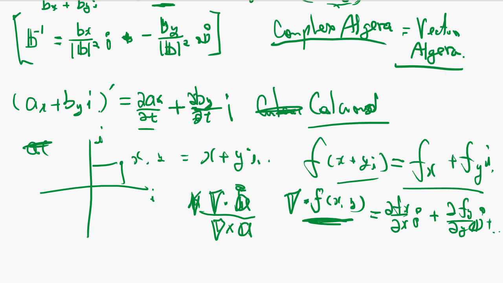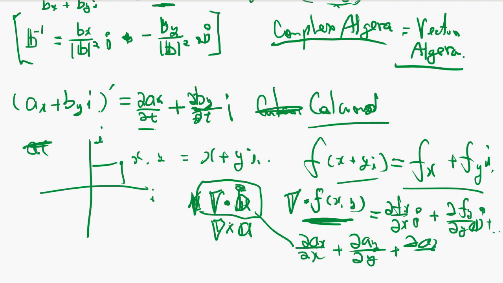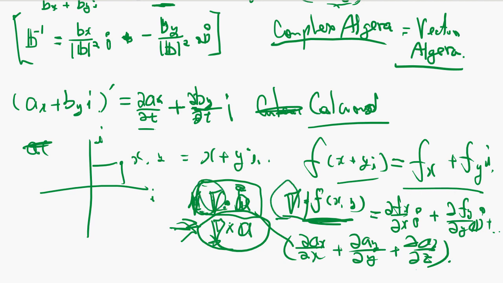Right? And this one is going to be scalar because of vector multiplication like that. So this is going to be like that, right? And this is going to be the vector. Again, this is a rotation or curl, they call it, right? This guy is the divergence, and this is just the gradient.